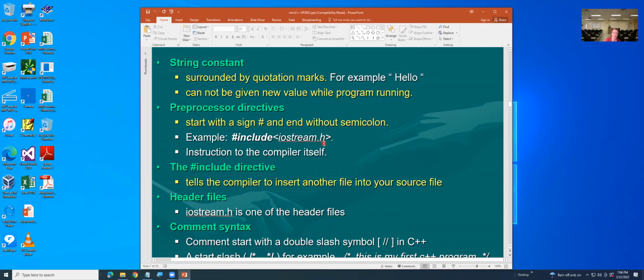That means this is done by Microsoft. Okay, they do everything for you. The only thing is you have to include that in your program when you run it. That will be an instruction to the compiler itself.